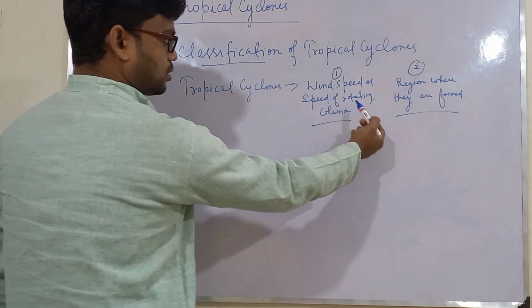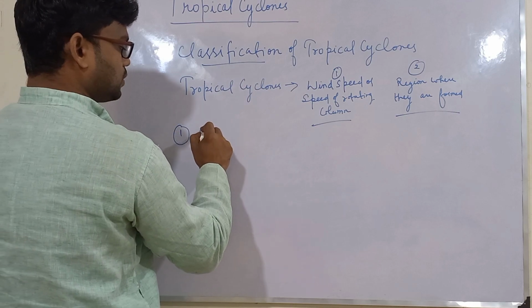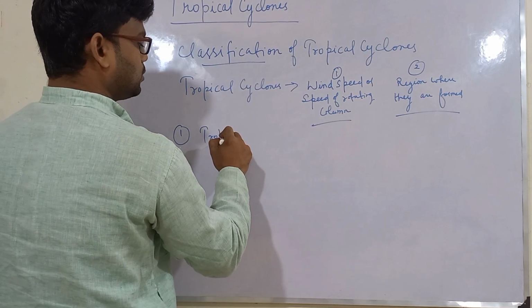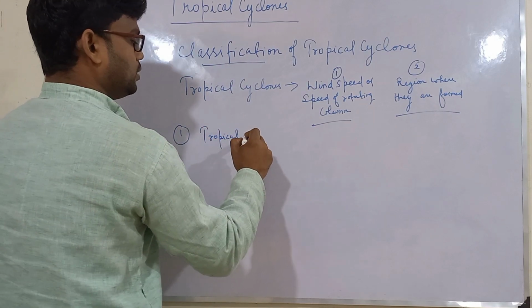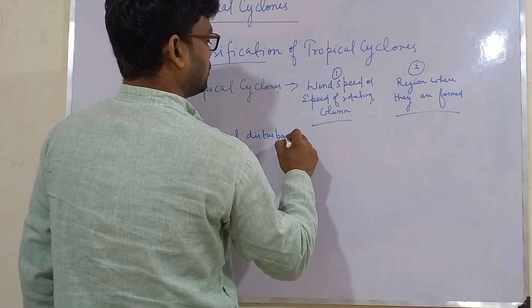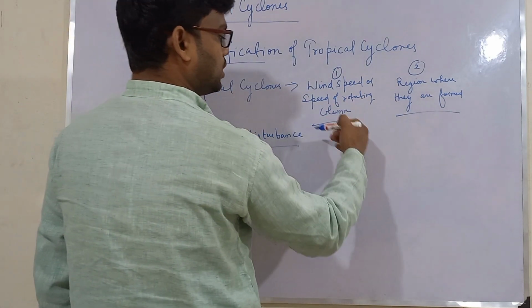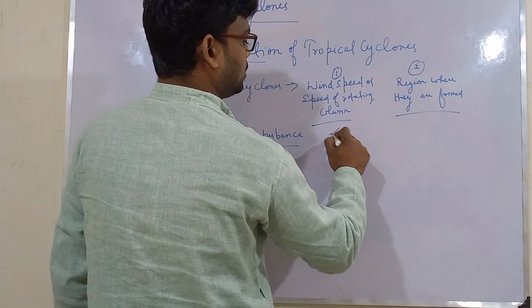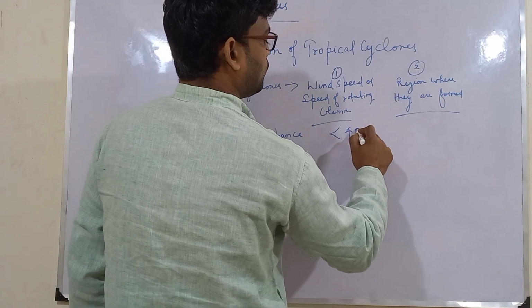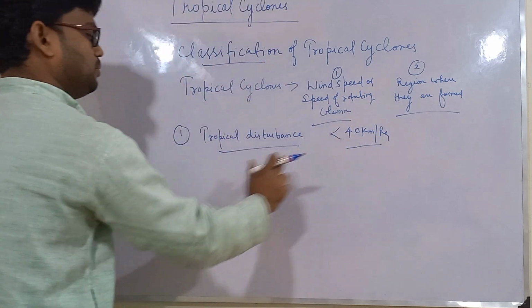See, based on wind speed, the first one is tropical disturbance. It is a tropical disturbance when the rotating wind speed is less than 40 km per hour. Remember this.